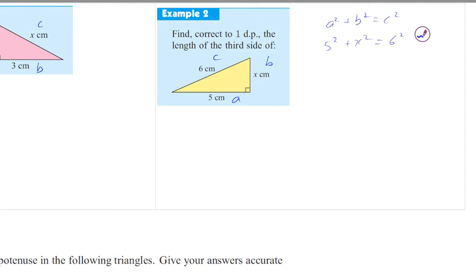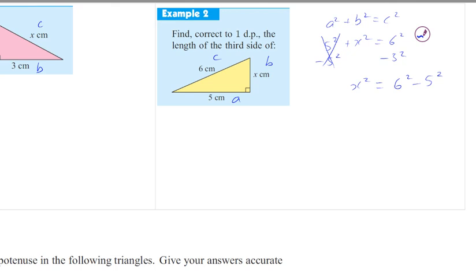And if I'm wanting to get X squared by itself, what am I going to do? Rearrange it. So I'm going to subtract 5 squared from both sides. So they cancel out or add to 0. And X squared equals 6 squared minus 5 squared.